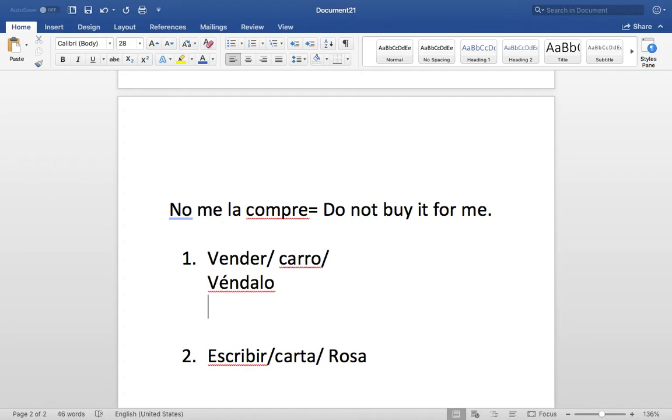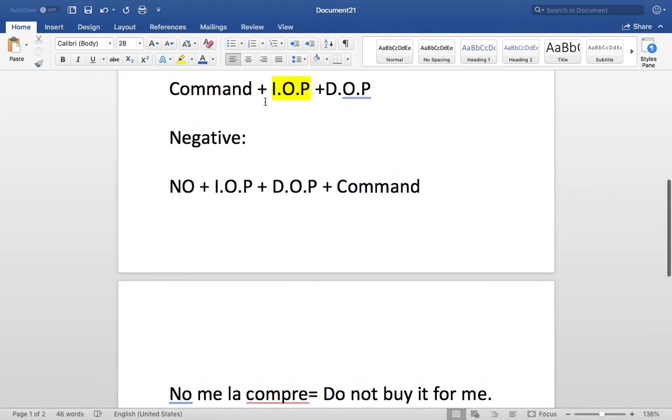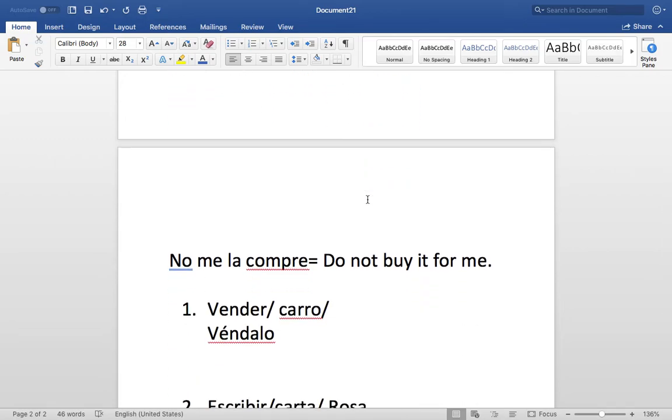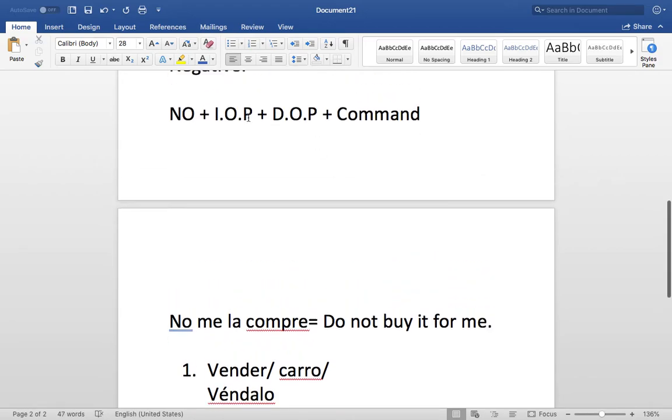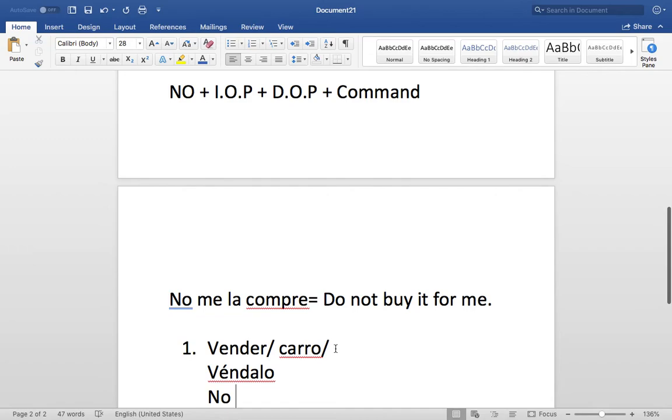See, I don't say for whom. Sell it. So now I'm going to say do not sell it. Okay? What's the formula? No plus indirect plus direct plus command. So no indirect. We don't have an indirect because it doesn't say for whom or to whom you're going to sell the car.